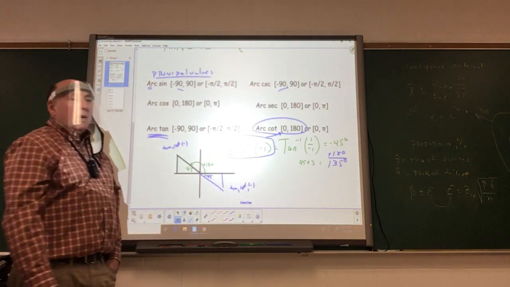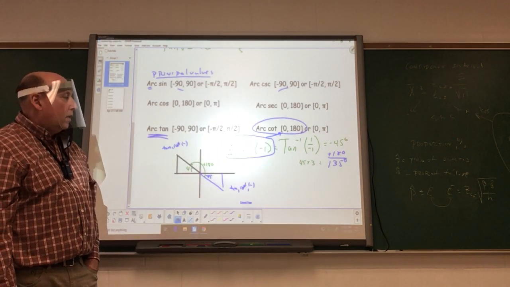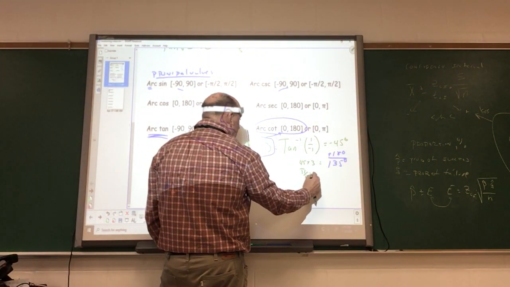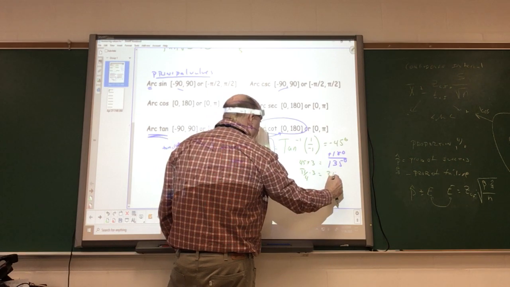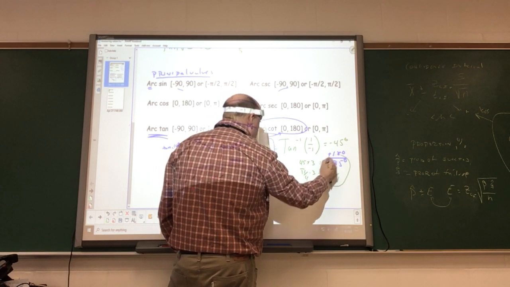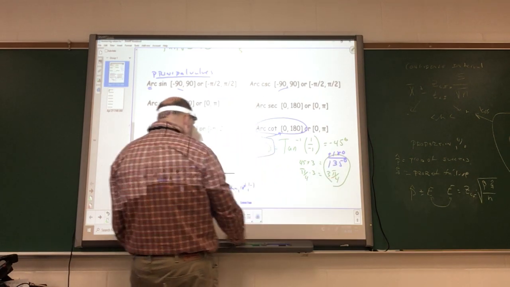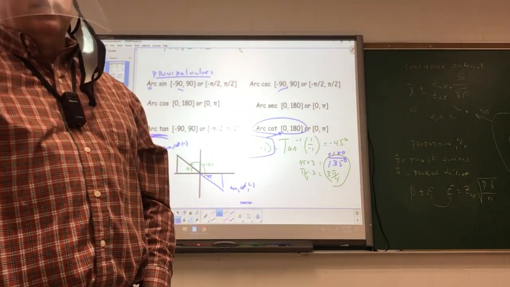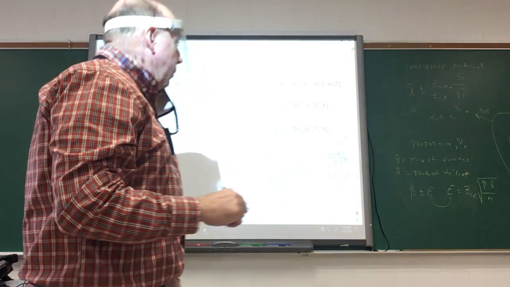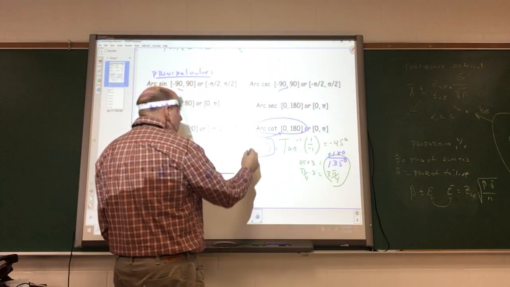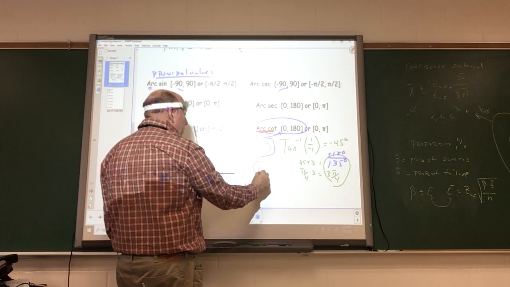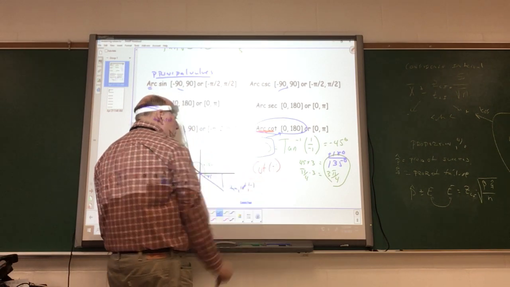45 times 3 is 135. So we have pi over 4 times 3. So we have 3 pi over 4. The only time you have to do this, only time, is when I'm dealing with the inverse cotangent of a negative.